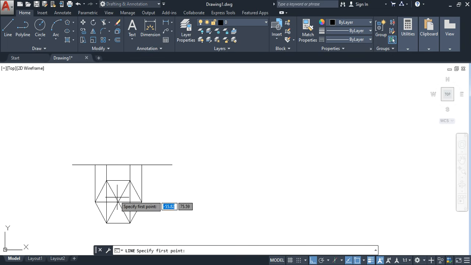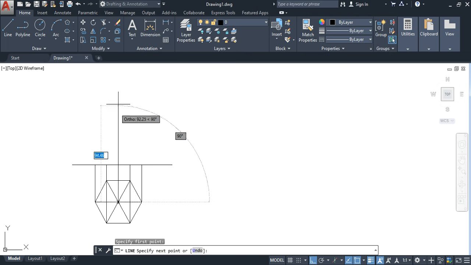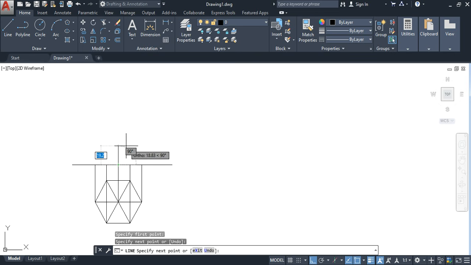So draw the axis from the center, and we'll take some length here, and from this point, we know the height of the axis is 65, so just 65 height we have to draw.